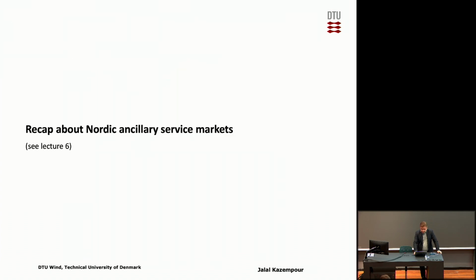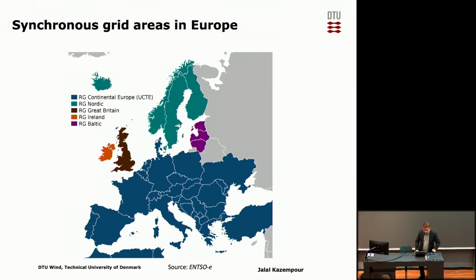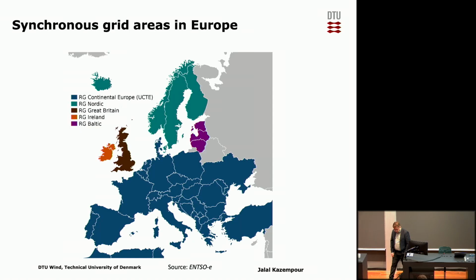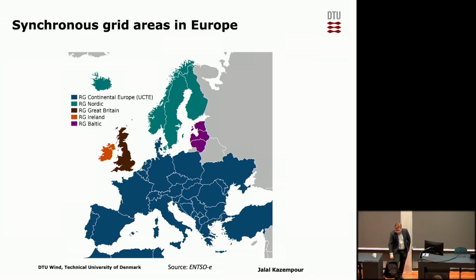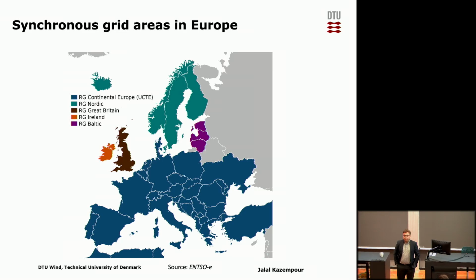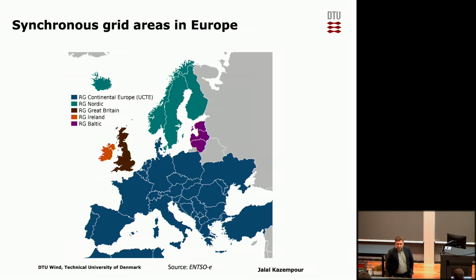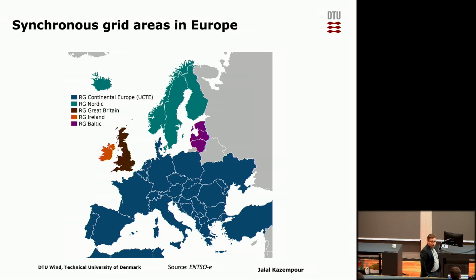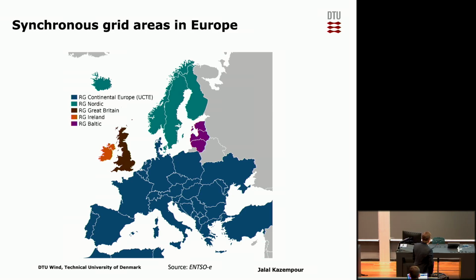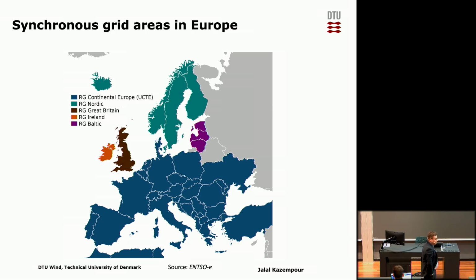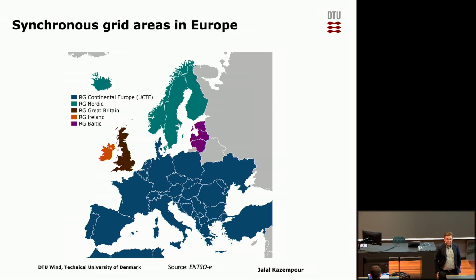Good. So, let's start with a recap. You saw this picture before in lecture number 6, right? It shows the map of different frequency areas in Europe. Of course, everywhere the nominal frequency is 50 hertz, but it doesn't mean that everywhere in Europe the frequency is synchronous. It's not. So the big part is blue. It's continental Europe.